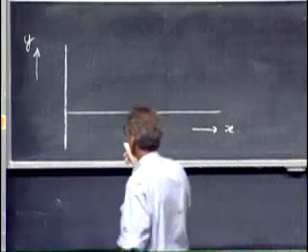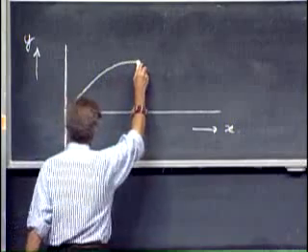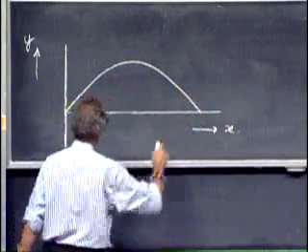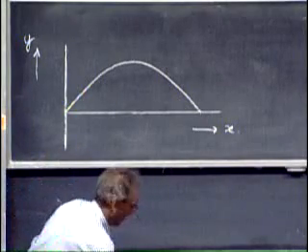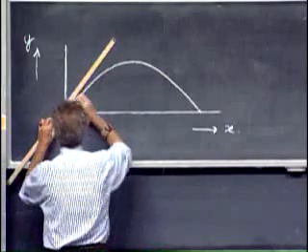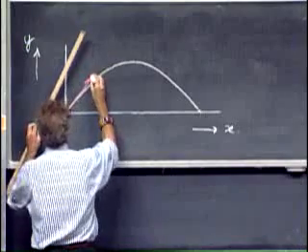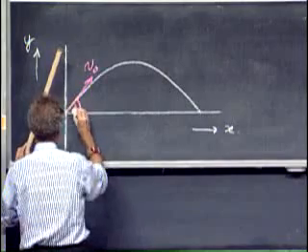I throw up an object at a certain angle, and I see a motion like this, boing, and it comes back to the ground. My initial speed when I threw it was v0, and the angle here is alpha.